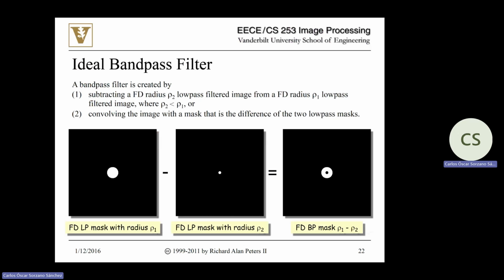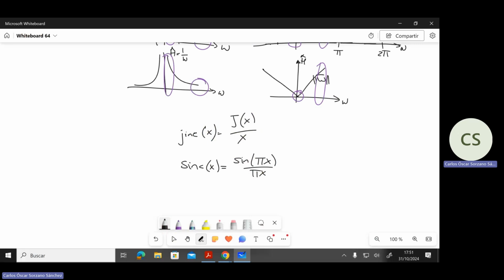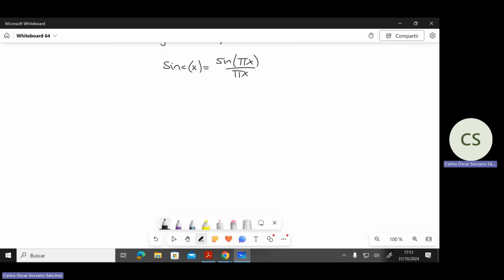Let's see that in more detail here. Let's say that I have my Fourier transform here, and I multiply by a function.